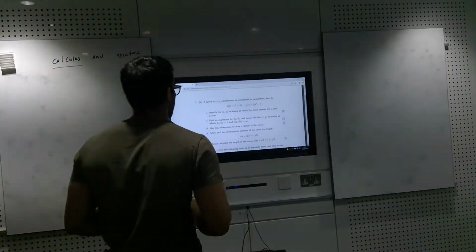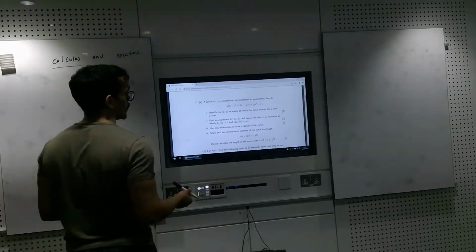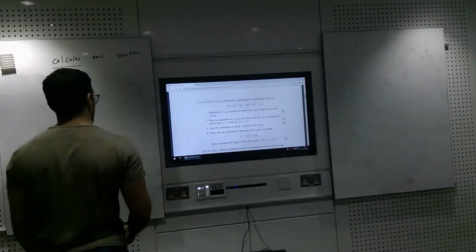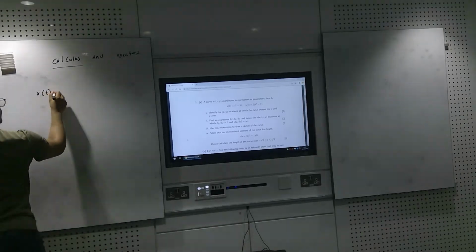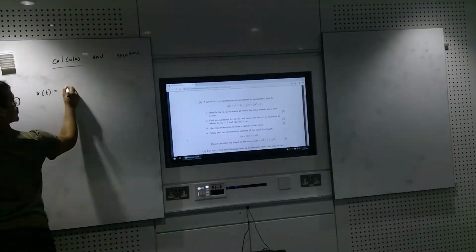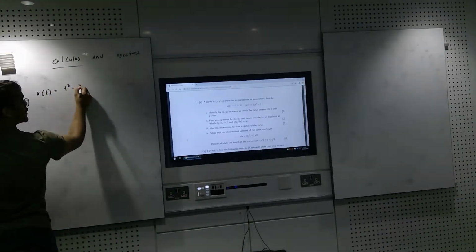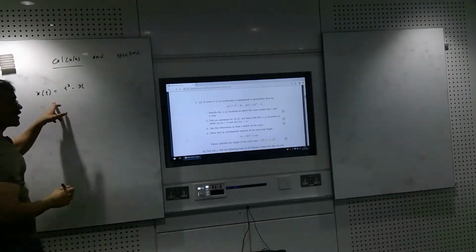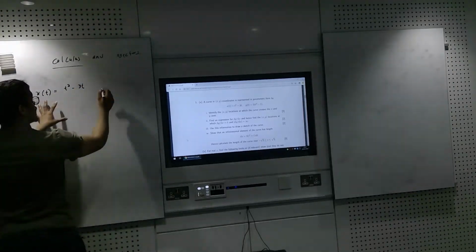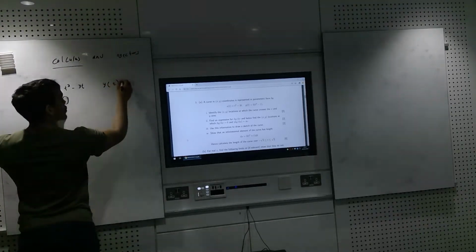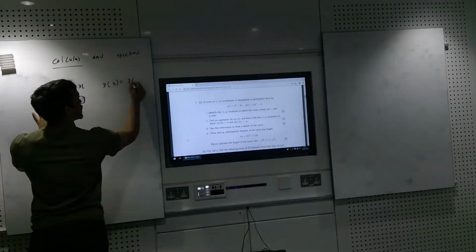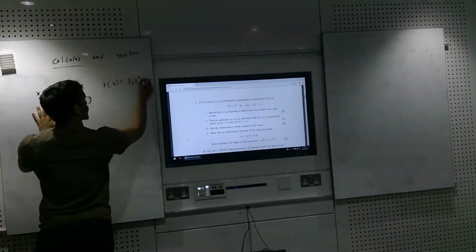So the first question: a curve in the x and y coordinates is represented in a parametric form by x, which is t cubed minus 3t. This is the parametric of the x, and this is the parametric of the y, which is 3 times t squared minus 1.